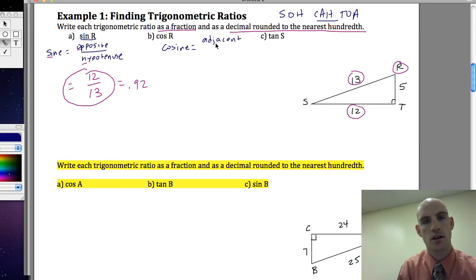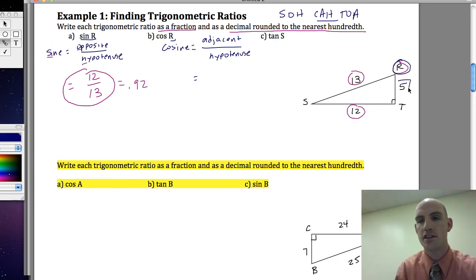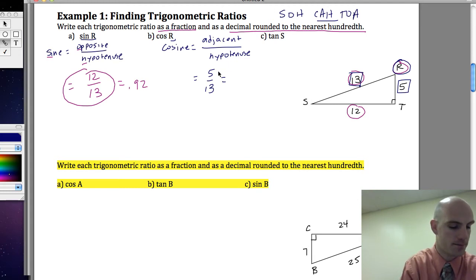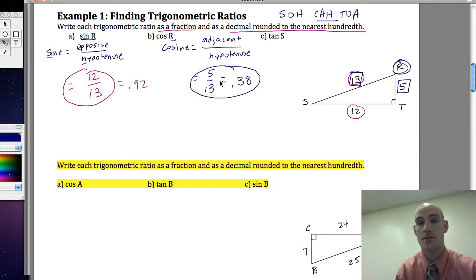So I'm going to look at R here. And adjacent is going to be 5, and the hypotenuse is still 13. So this is 5 over 13. When I round to the nearest hundredth, I get 0.38. That's it. So this is just a matching game.